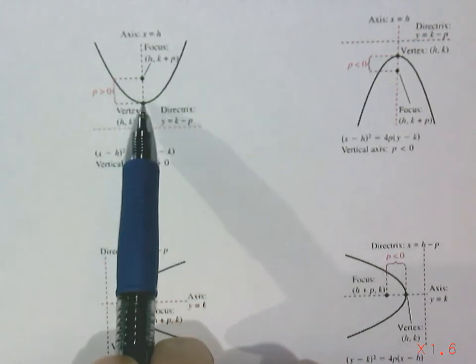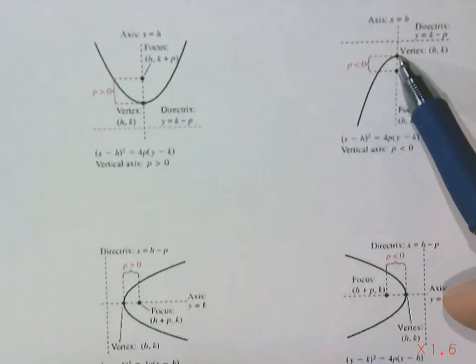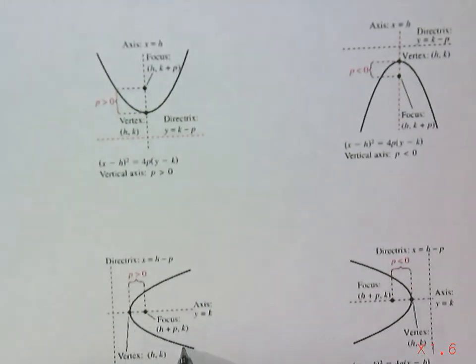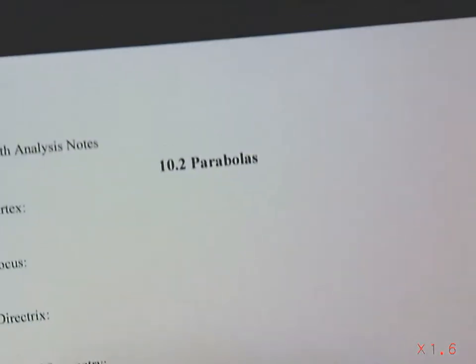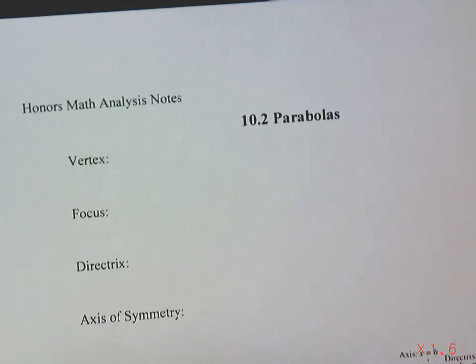So that place where it changes is the vertex. Increasing, decreasing. This is heading towards the left, heading towards the right. All those points of change are where the vertex occurs.